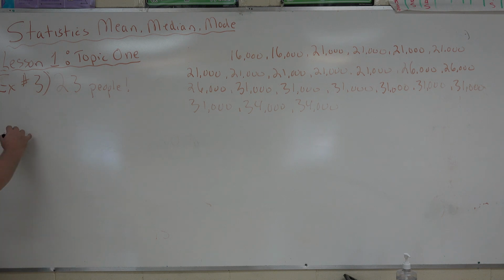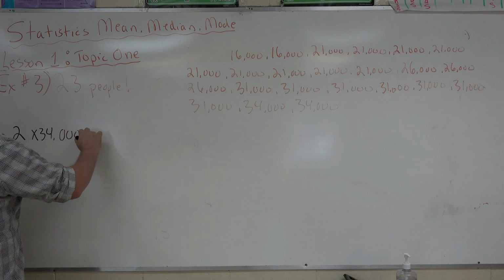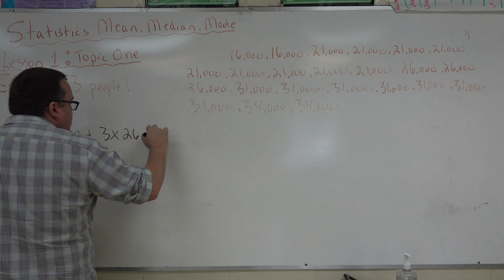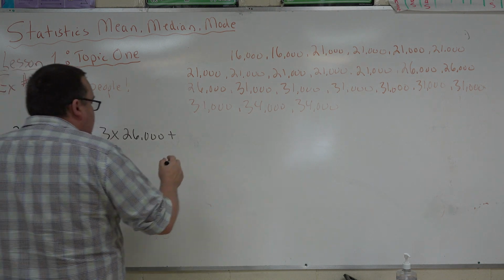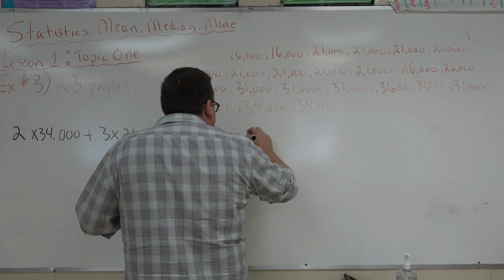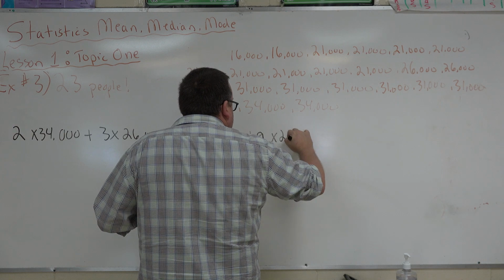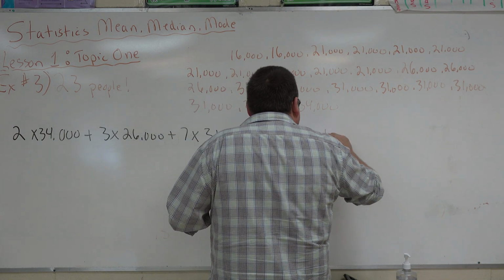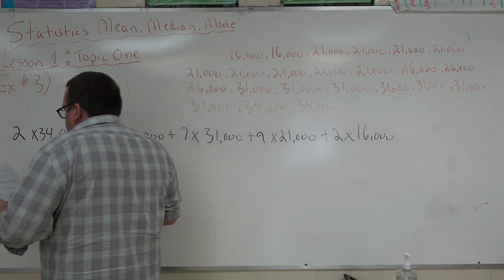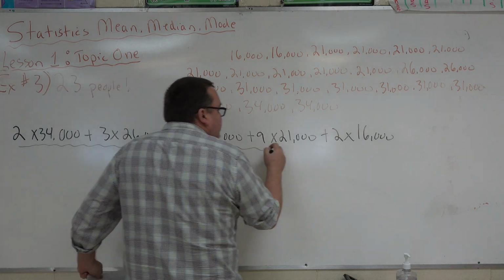You could do it like this. 2 times 34,000, because there's 2 of them, plus 3 times 26,000, plus 7 times 31,000, plus 9 times 21,000, and add that to 2 times 16,000.